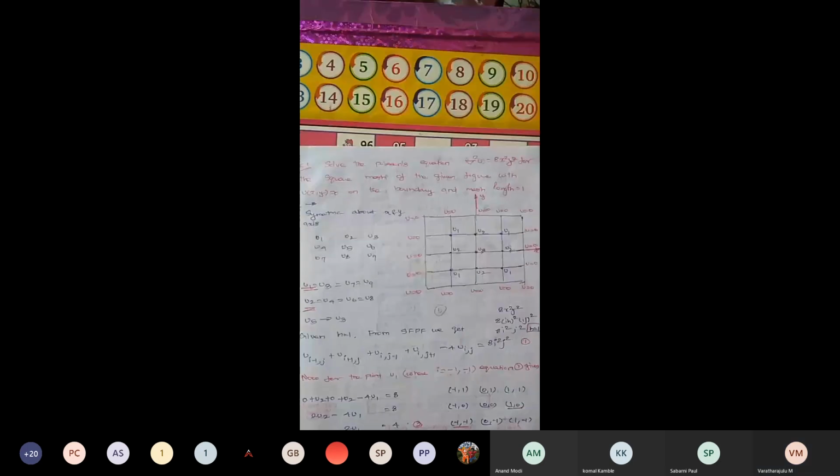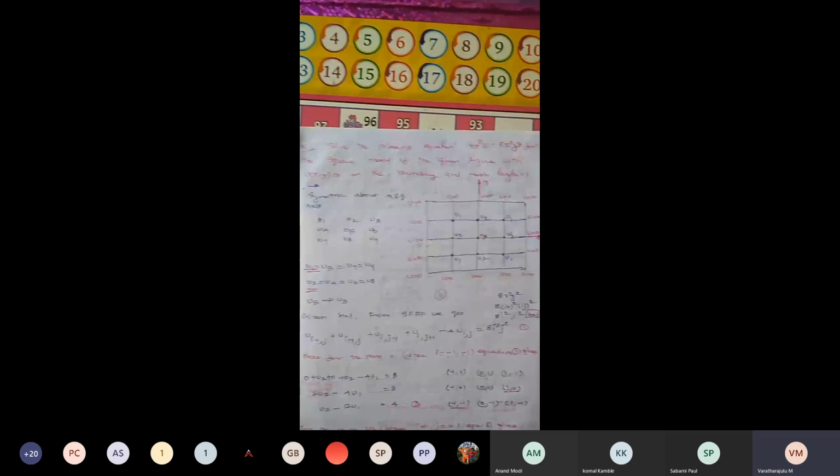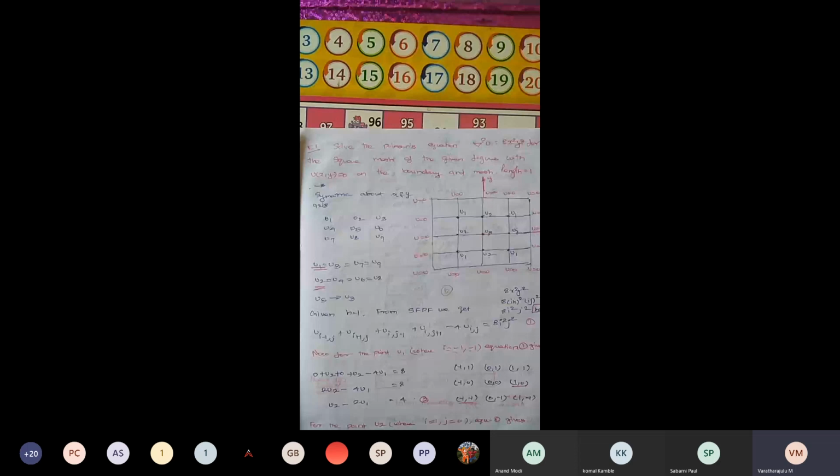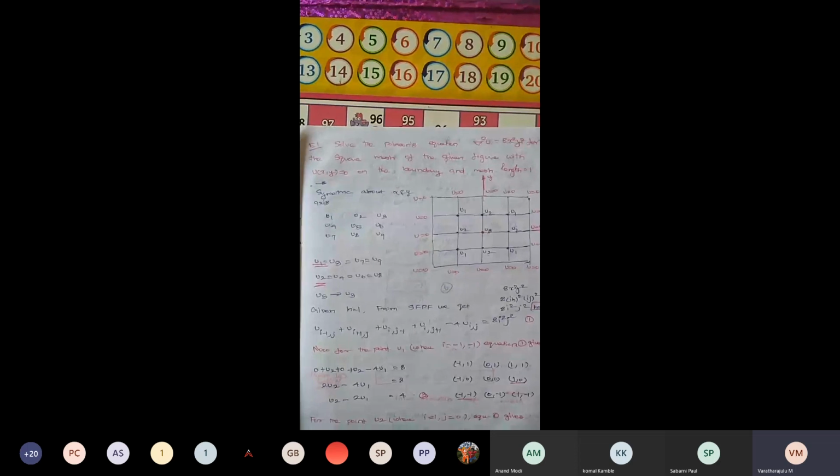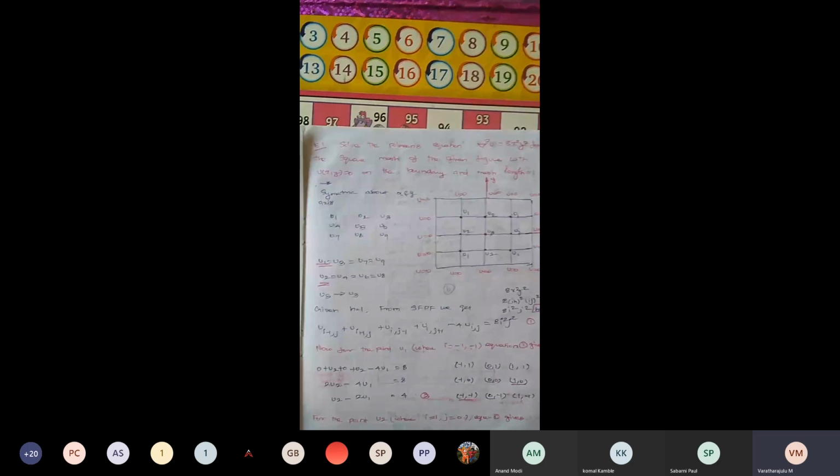And this is the problem which we will solve in the Poisson equation. Please make a note. Solve the Poisson equation. Del square u is equal to... if del square u is equal to 0, that is Laplace. If del square u is equal to some value, whether it may be 8x square y square or some other value, if it is not equal to 0, then that is called the Poisson equation.